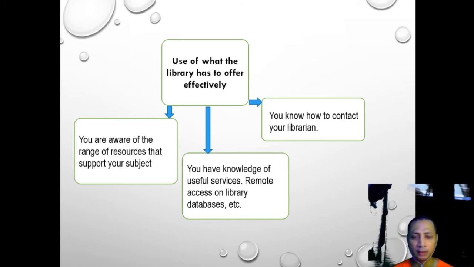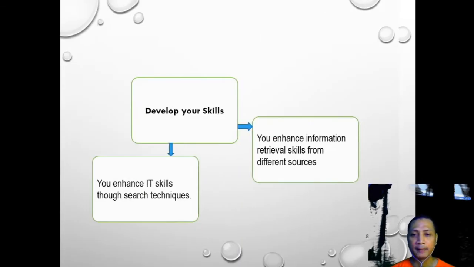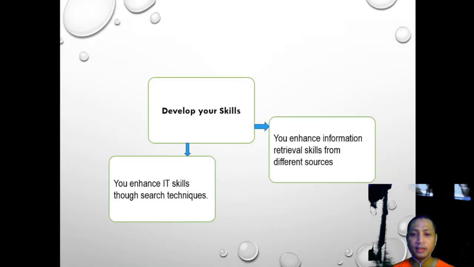So remember, for both master's and PhD, what we need to know more is how to use the library system, how to use the library instruments, and then we try to implement it into our thesis, dissertation, or paper. Okay, and then develop your enhanced IT skills and search techniques.